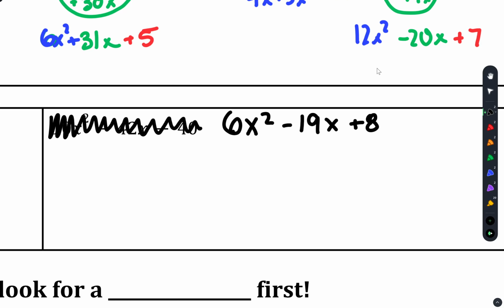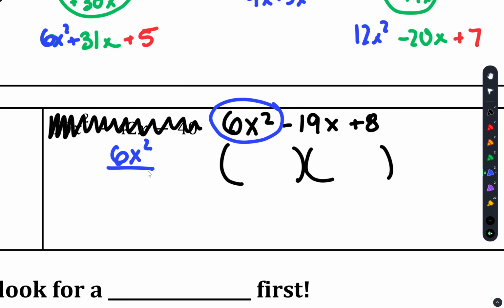Okay. Any GCFs to start with? Nothing. Bubbles. Factors of 6x squared. The obvious one, 6x and x. What else?